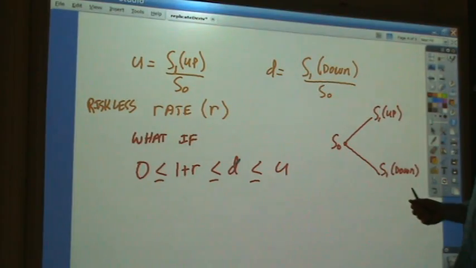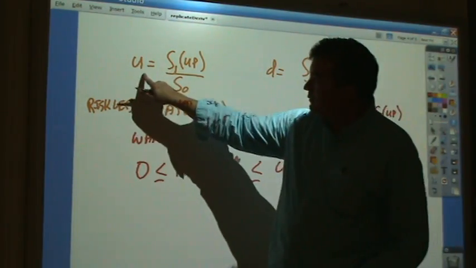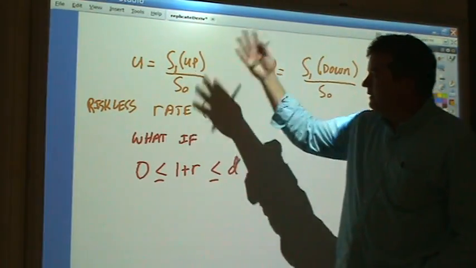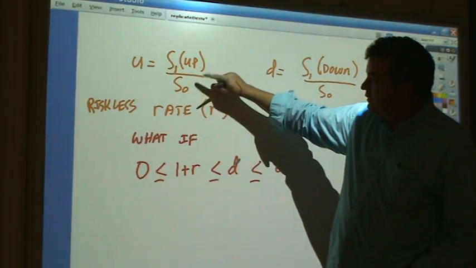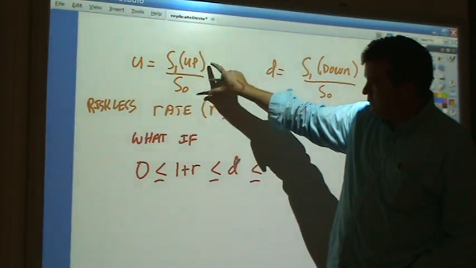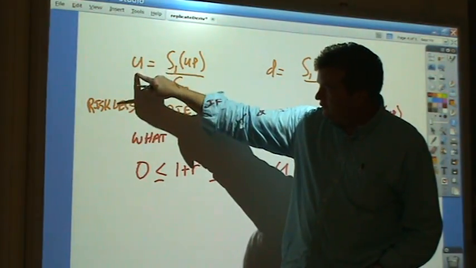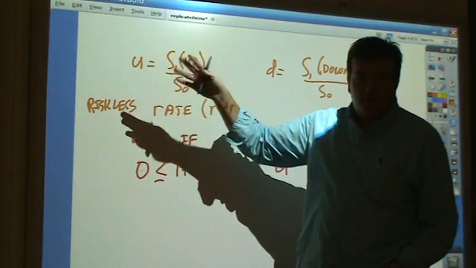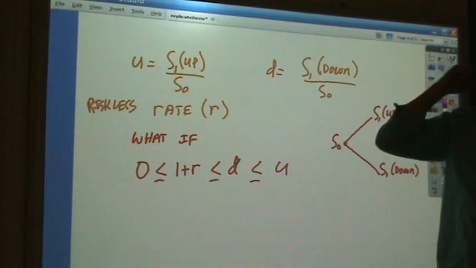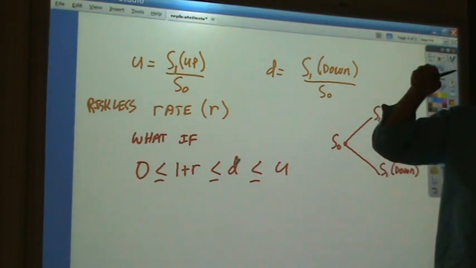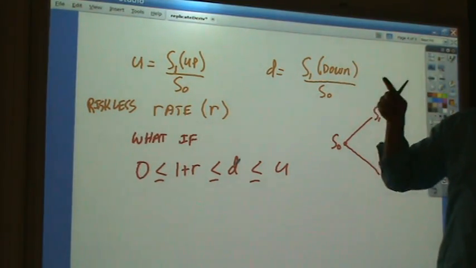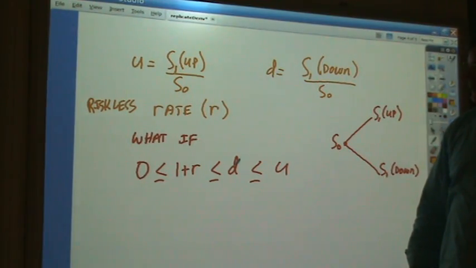In other words, this number U is really like in the example we did last time. You started off with $2 and ended up with $4, so you doubled your money. This U is kind of like 200%. It would be like an interest rate of 100%, right? It's 100 plus the interest rate, so 200%. Does that make sense?